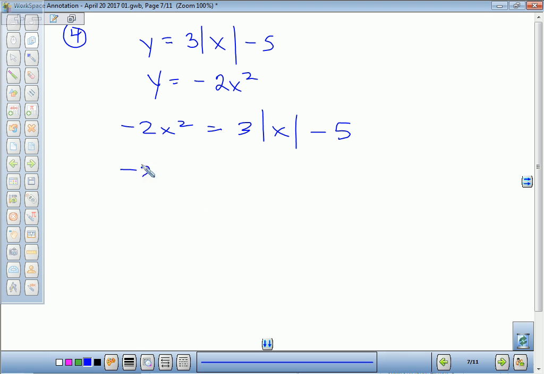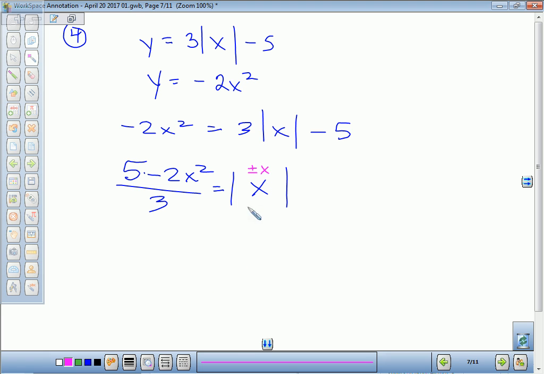Okay, so we move the 5 over and it becomes positive. Divide by the 3. Alright, so this stuff can either equal positive or negative x, can't it?